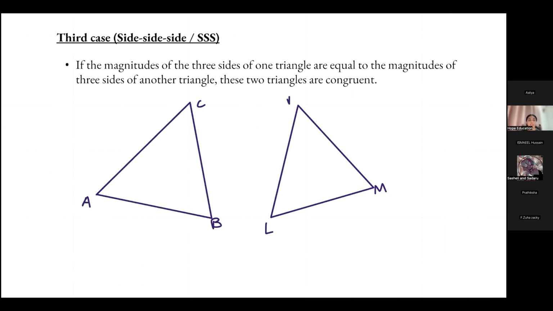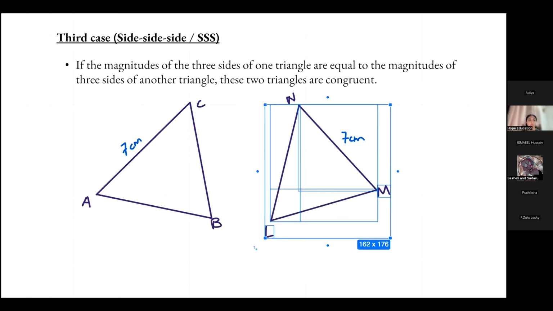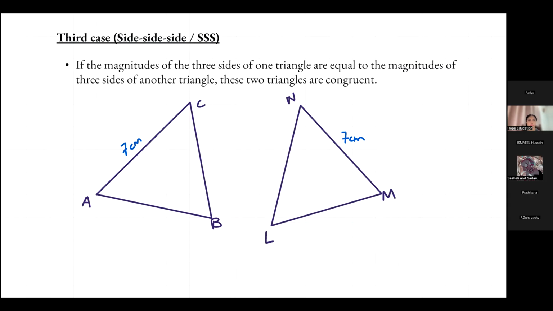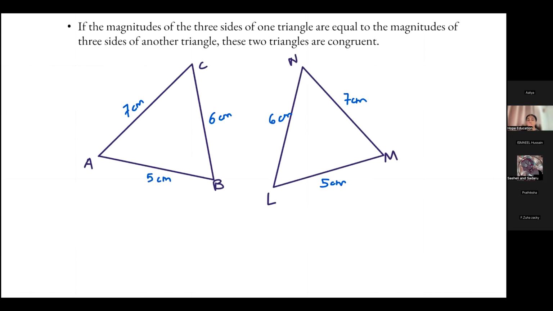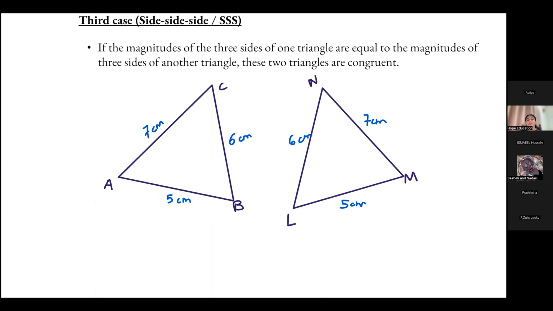Now, this is the information that you are given. If you take these two triangles, first look at triangle ABC. Here the side AB is 5 centimeters, BC is 6 centimeters, and AC is 7 centimeters.